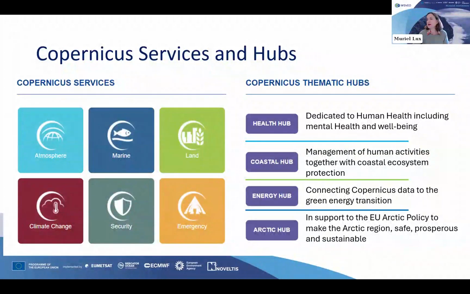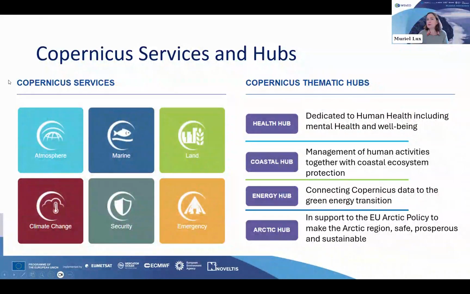So as Gael just mentioned, there are 6 Copernicus services with a huge amount of data each, and there are 4 Copernicus thematic hubs. The thematic hubs currently online are the Health Hub, dedicated to human health, mental health and well-being.